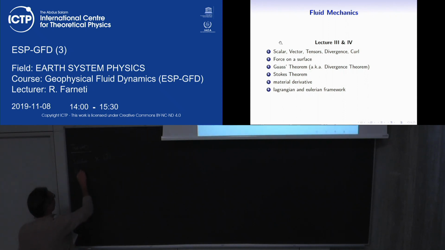Then we have vectors, that we can write in vector notation. For example, velocity, which I can write like this, the velocity vector, or another vector that we looked at, the body force.